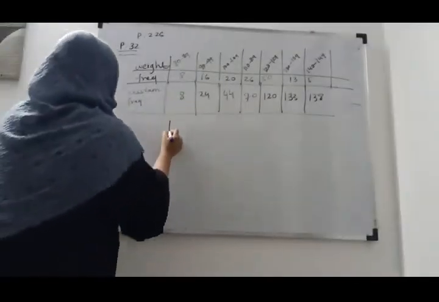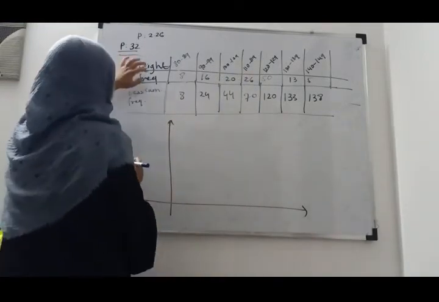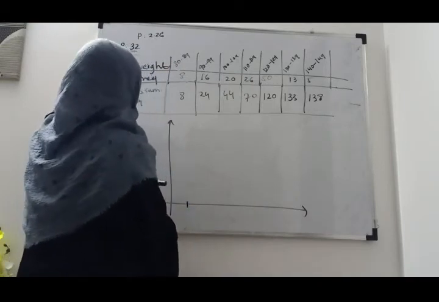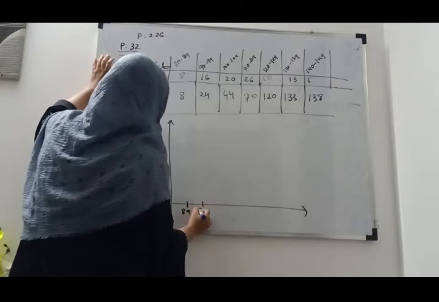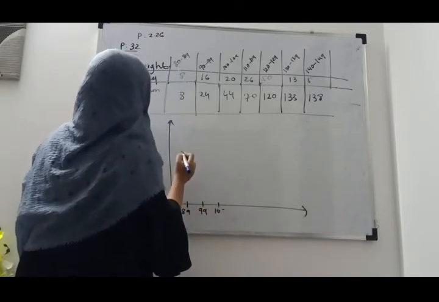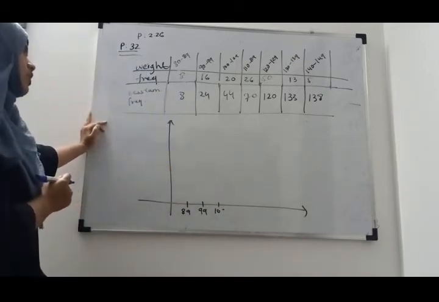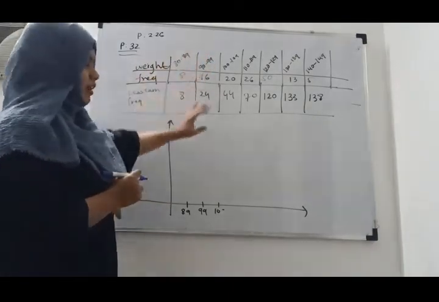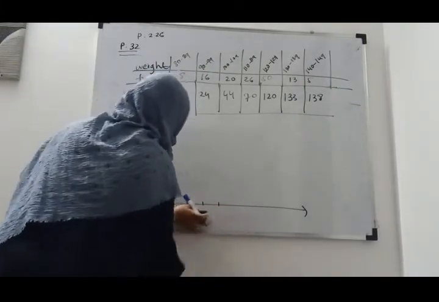So on the x-axis we'll take the upper limits. The upper limit starts from 89. See, here the classes are not continuous, so we have to take the class boundaries, the upper limits of the class boundaries.